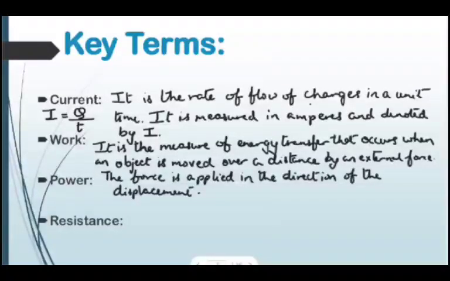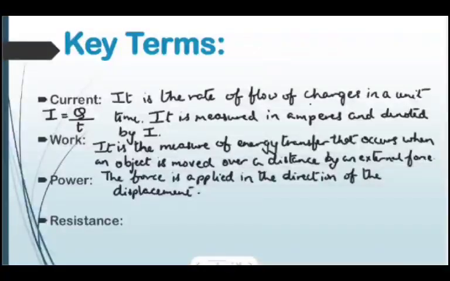We understood this much. It is the measure of energy transfer. Energy has to be transferred. Energy has to move. That occurs when an object is moved. So energy is not visible. If an object moves, then only we know that the energy has been put into it, over a distance, by an external force.